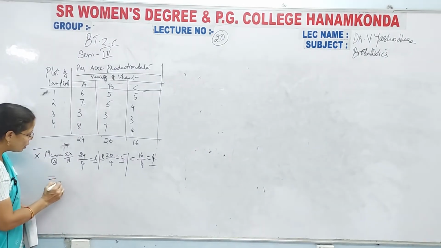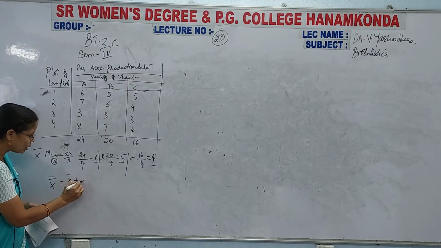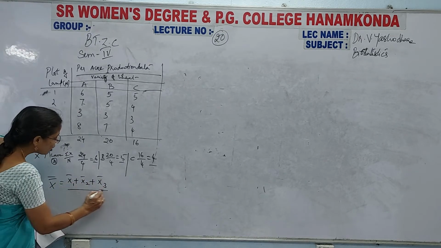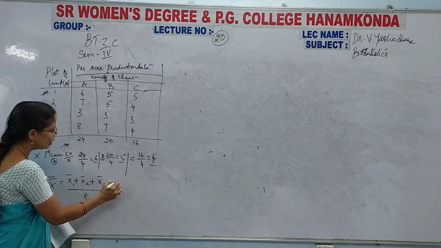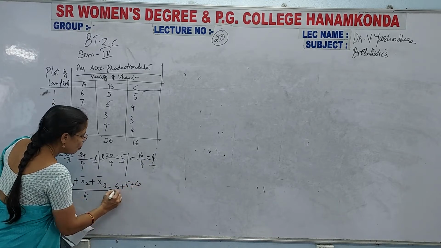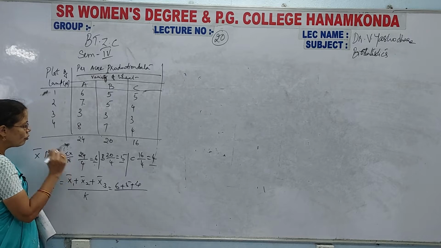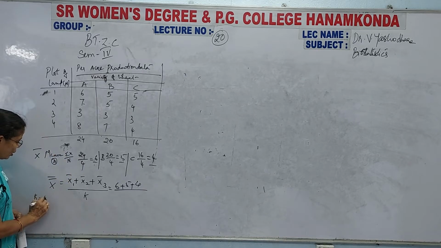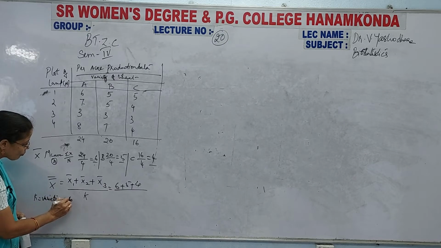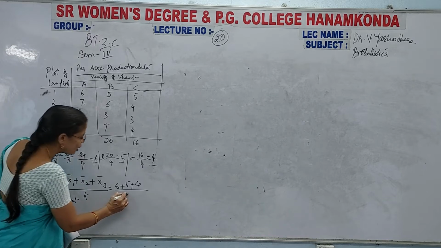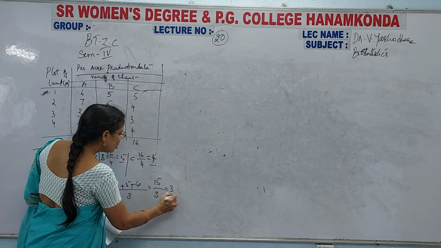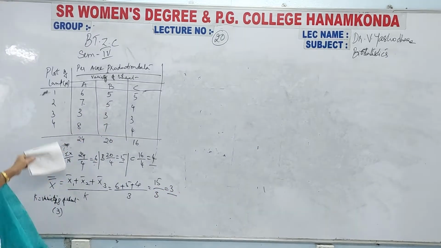It is equal to x bar 1 plus x bar 2 plus x bar 3 by k, which is 6 plus 5 plus 4 by k. K is equal to the varieties of wheat, any 3 varieties. So by 3, 15 by 3 is equal to 5. Okay? This you are getting.